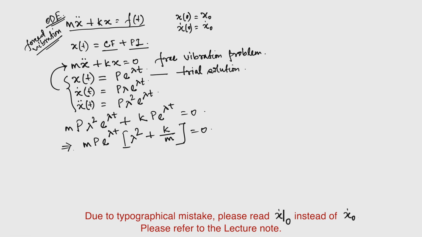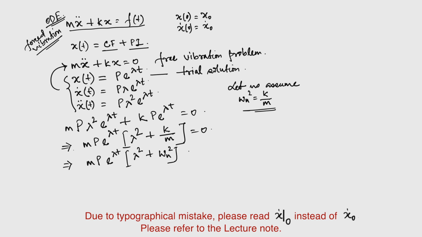Now, let us assume omega n square is equal to k by m. I will explain that in a minute. If we assume that, then we can further simplify this: m p e to the power lambda t times lambda square plus omega n square is equal to 0.